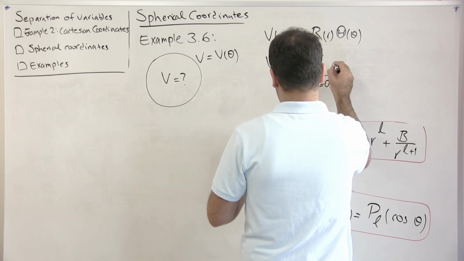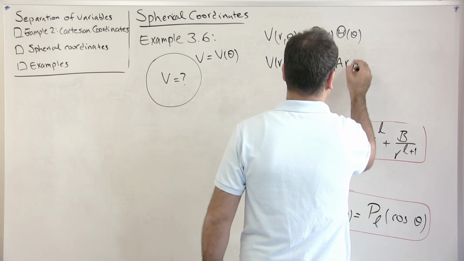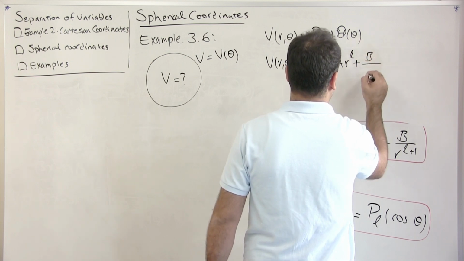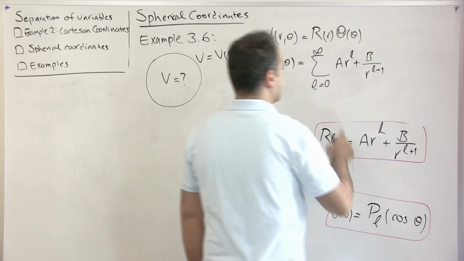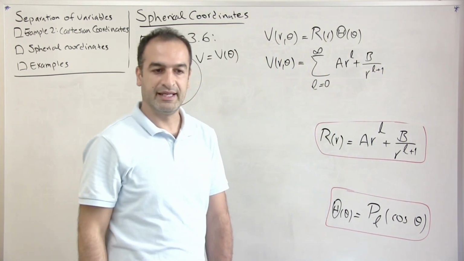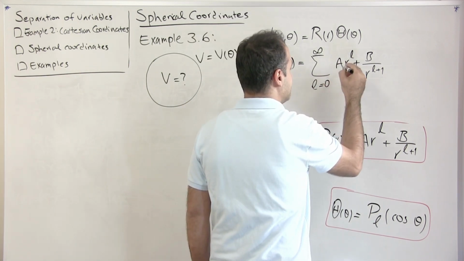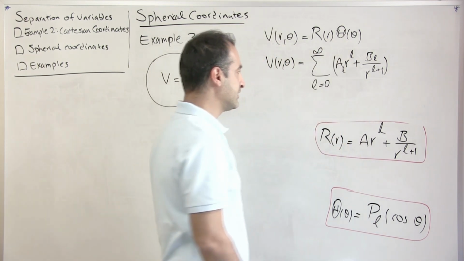okay, and here the function R gives us two terms, A times R to the power of L plus B times R to the power of minus (L plus 1). Okay, we can have different values for A and B depending on what value of L we have. So I'm going to use A sub L, B sub L. So this is the R component.